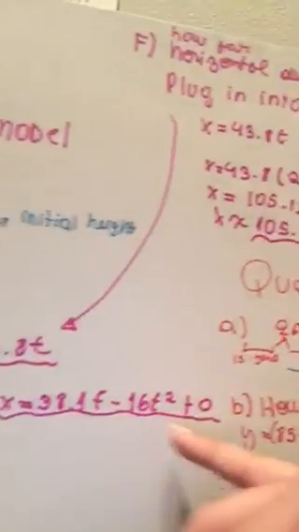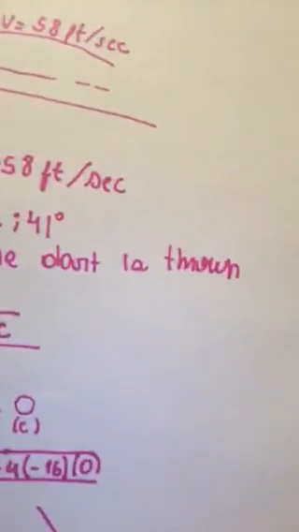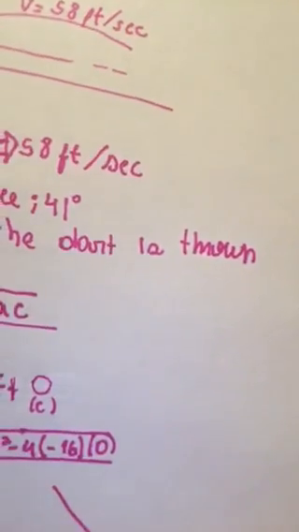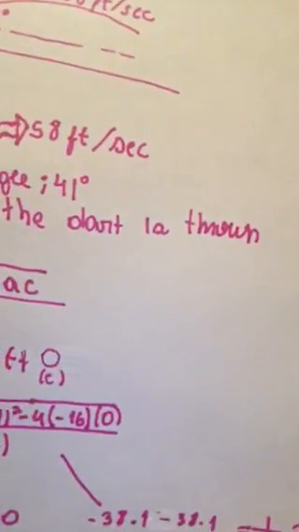Where do you get it? It's from the y value. So you go back here and you see my a is minus 16 and b is 38.1. So it's going to be minus 38.1 over 2 times minus 16. Since they're negative and negative, you get a positive number, around 1.2 seconds.